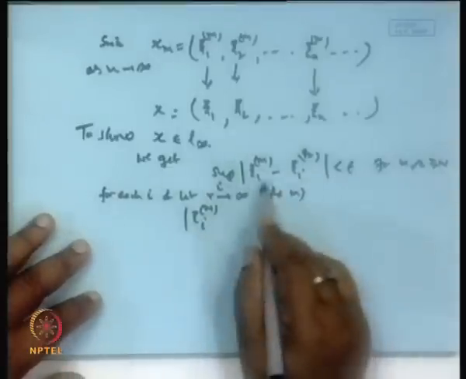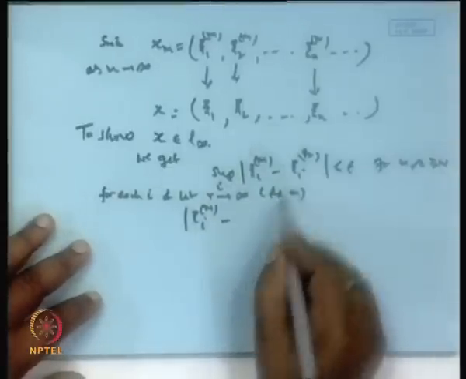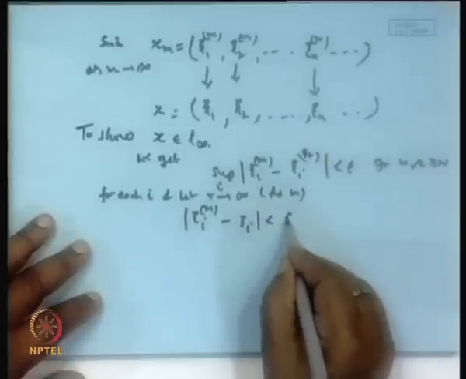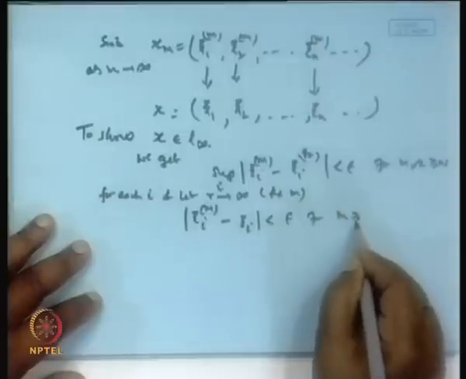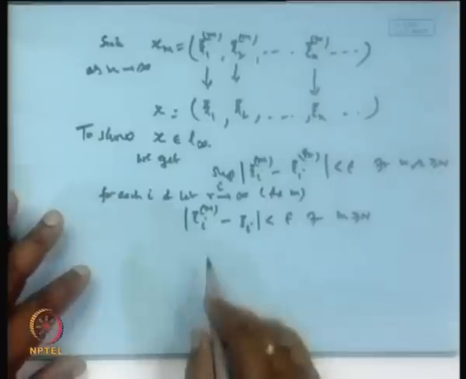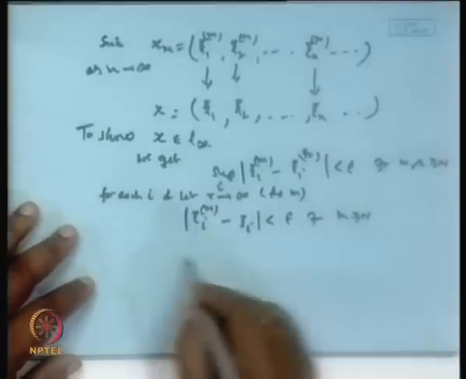Then what happens is that xi_i^m and xi_i^r will go to xi_i, and will remain less than epsilon_r for m greater than or equal to n, for those m which are greater than or equal to n. Now, this is true for each i.